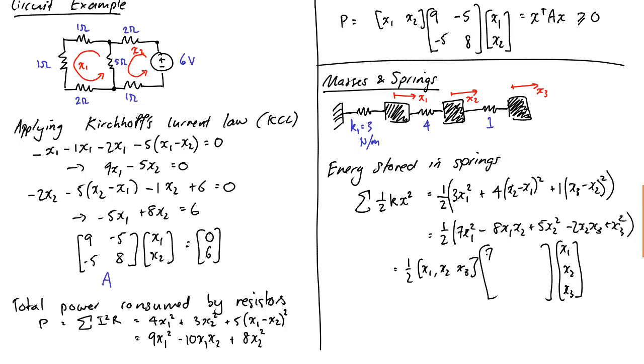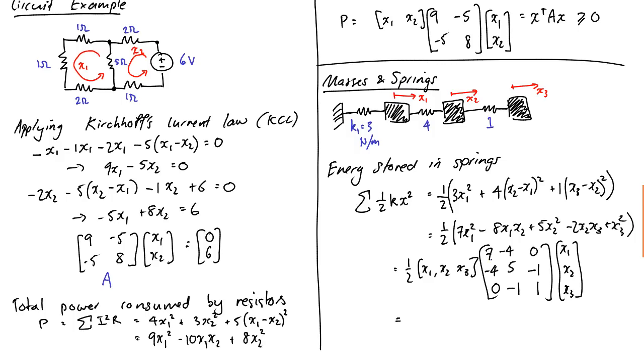We've got 7x1 squared, 5x2 squared, 1x3 squared. The x1x2 terms correspond to these two entries. We've got -8, so we'll split that -8 into two pieces and put them in there. The x2x3 terms, we've got -2 of those, so once again we'll split that in two as well and put them into those two entries. And there are no x1x3 terms.